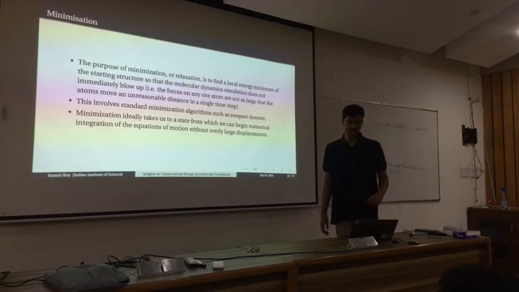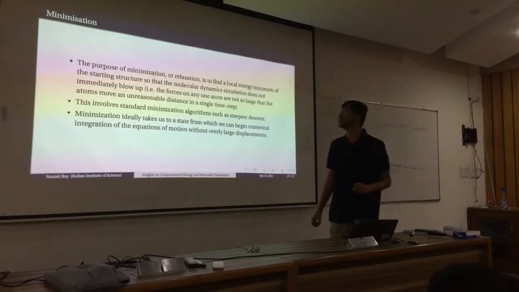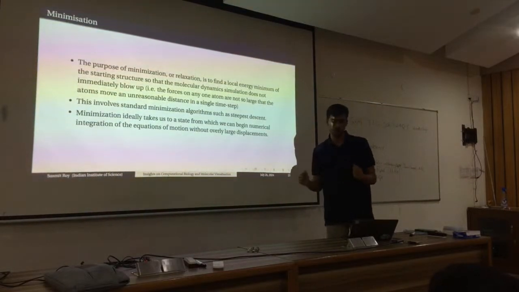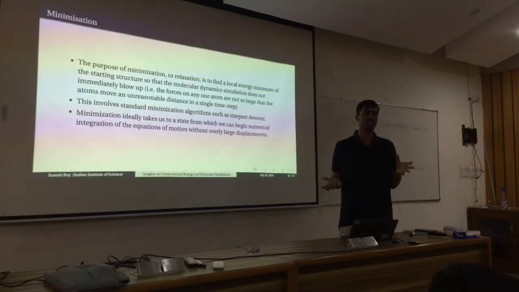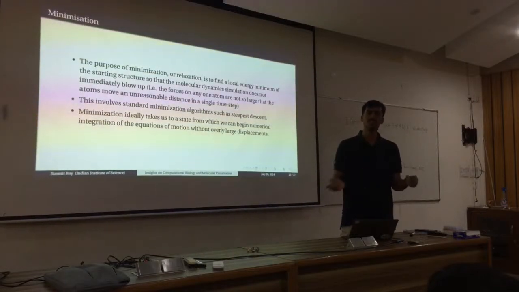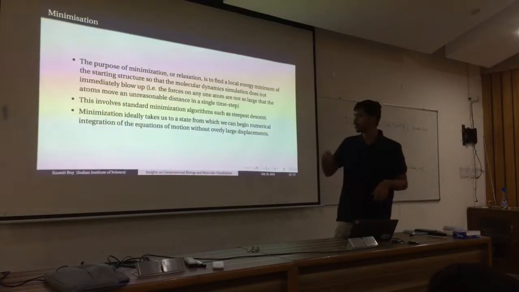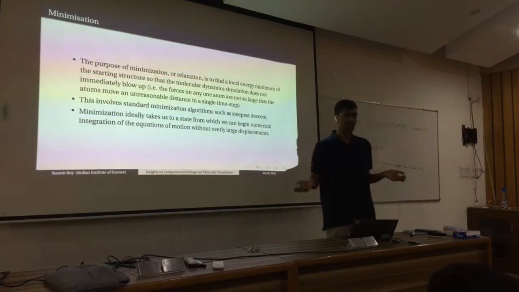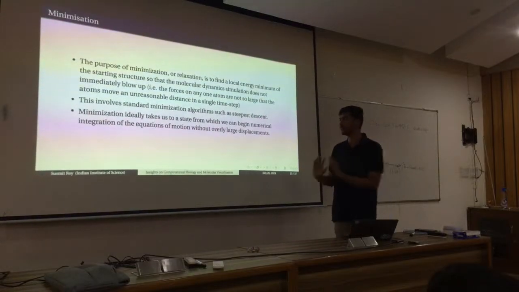The next step is minimization, which means you would not want your system to initially blow up. For example, if you have a solvent, you are randomly assigning positions to the solvent molecules. But if they are very close together, and you chose a force field which goes as, suppose, 1 by r, it would blow up, and we don't want that to happen.